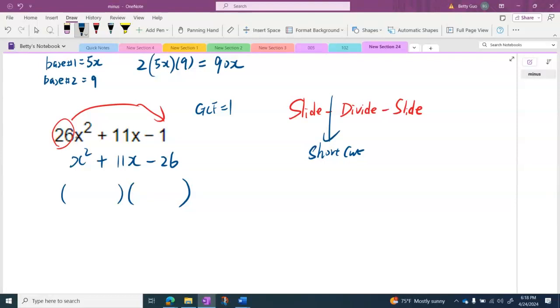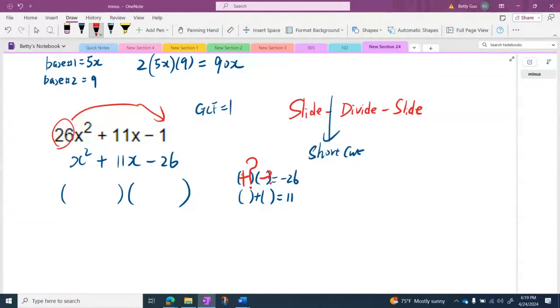To shortcut, we need to find the two integers that multiply to negative 26 and add up to 11. If the two numbers multiply to a negative, one is a positive, the other is negative. And the addition is a positive, that means the positive number has a bigger absolute value.